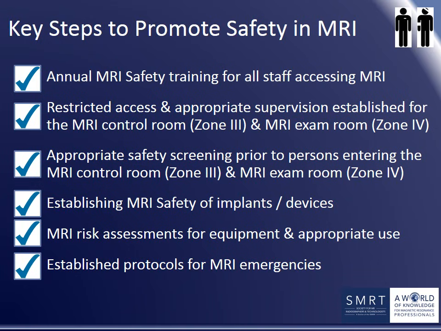Appropriate safety screening of all persons prior to entering the MRI control room, Zone 3, and the MRI exam room, Zone 4. 4. Establishing MRI safety of implants and devices. 5. Assessing MRI risk for equipment, including labeling and operating it appropriately. And 6. Establishing protocols for MRI emergencies and following them accordingly.